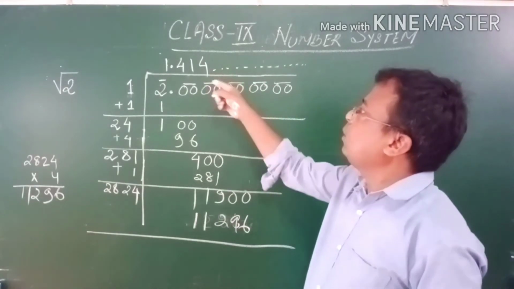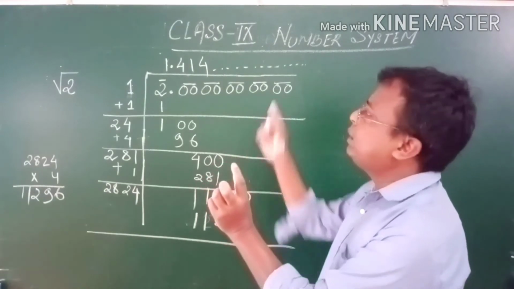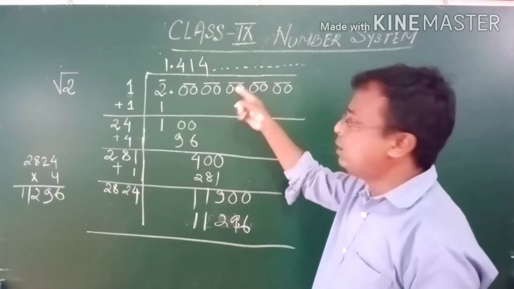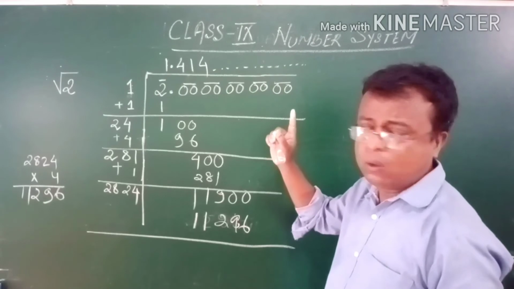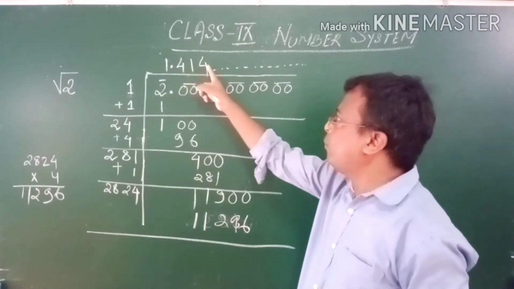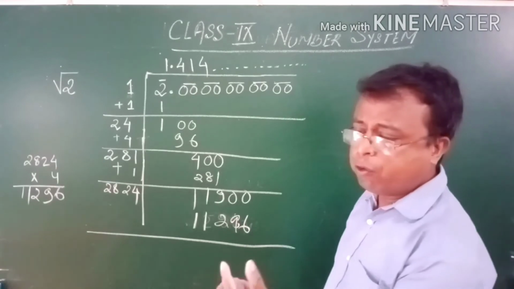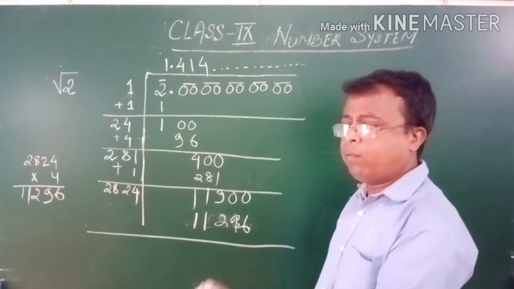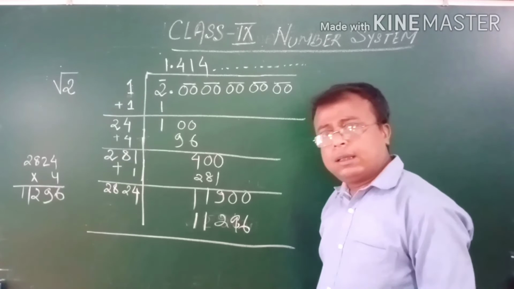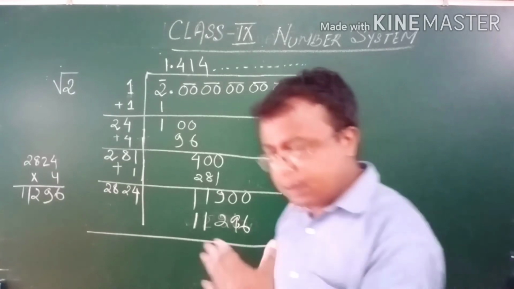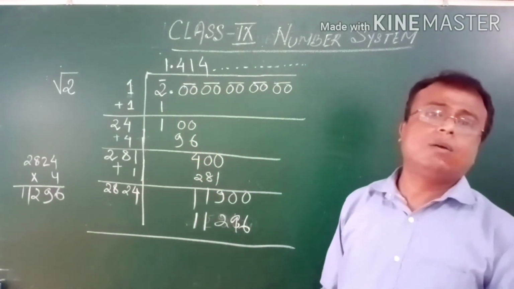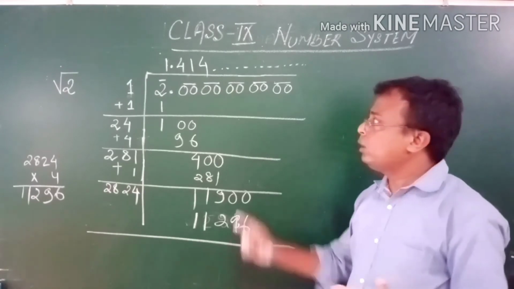Non-repeating means you see no digit or no block of digits is repeating again and again. कोई भी digit इधर में repeat नहीं हो रहा है. 4 आ रहा है इधर, 4 आने से नहीं होगा, 4 आना पड़ेगा. Then you can say it is repeating. नहीं तो 4 5 4 5 4 5 4 5, such means like this. If it is repeating, then you can say it is a what? Repeating decimal.